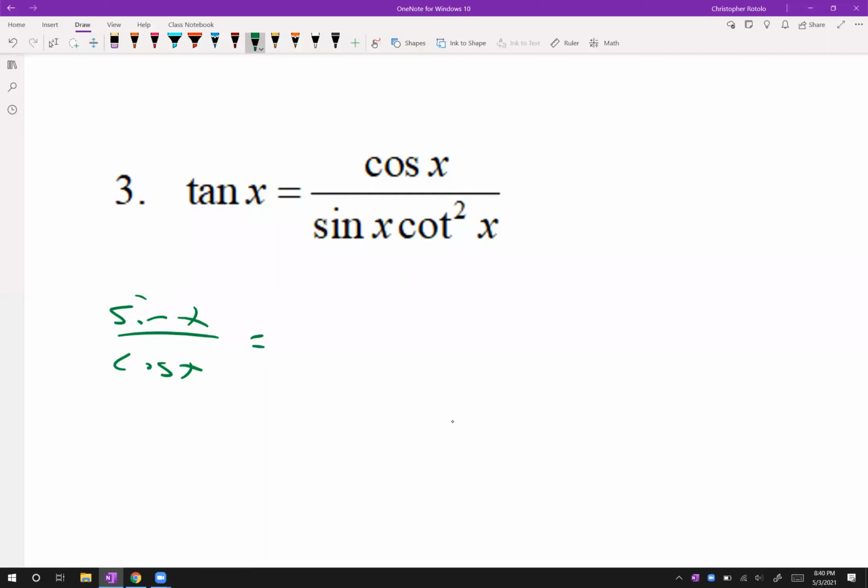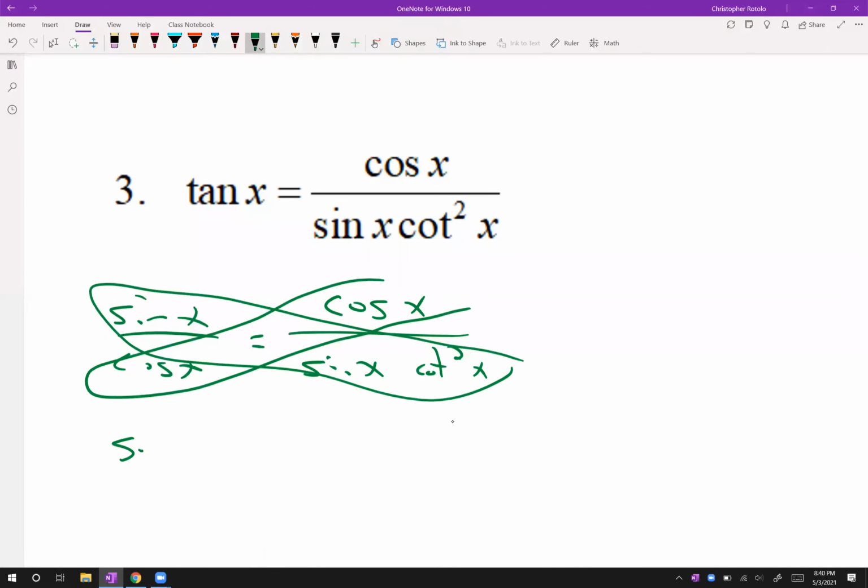All right, so what I can do here is, now that I have set it more up as a fraction, sine and cosine, I'm just going to bring the right-hand side down the way it is. And then I'm going to cross multiply.